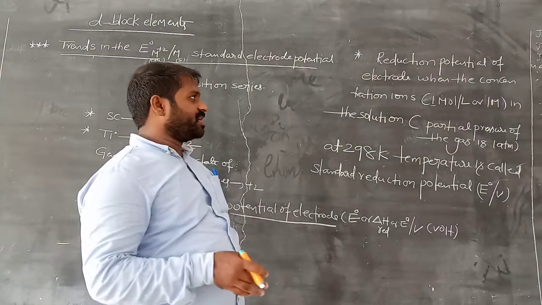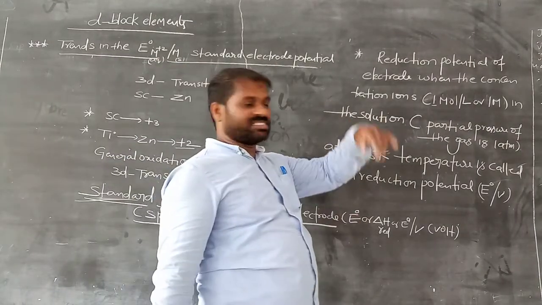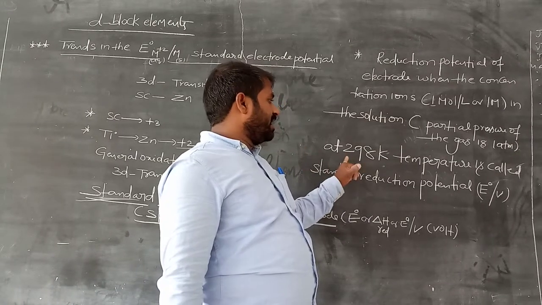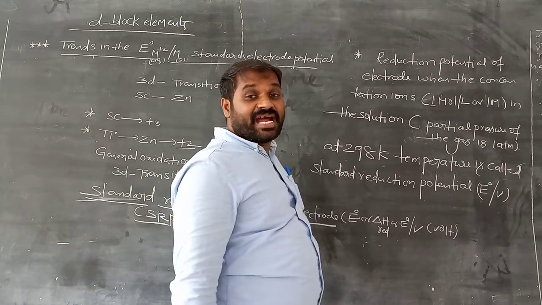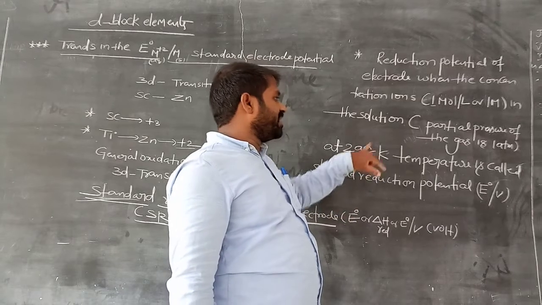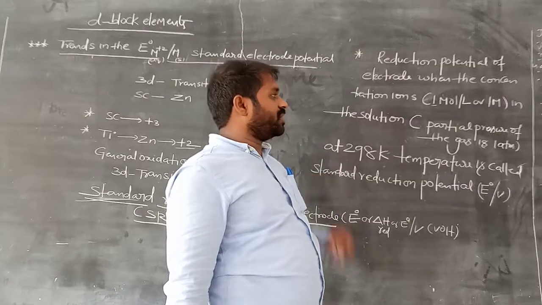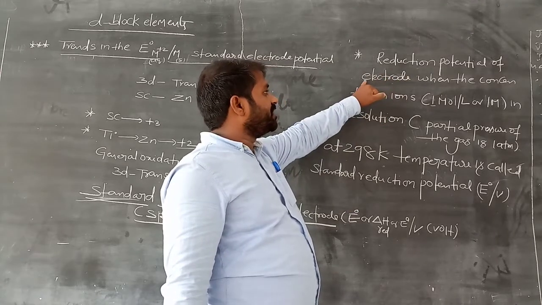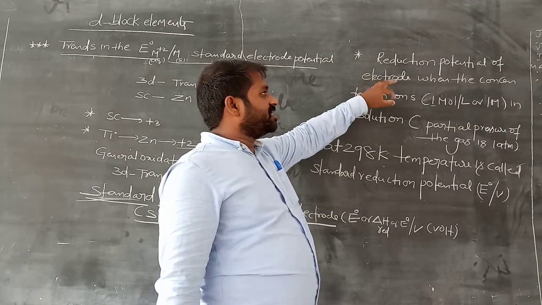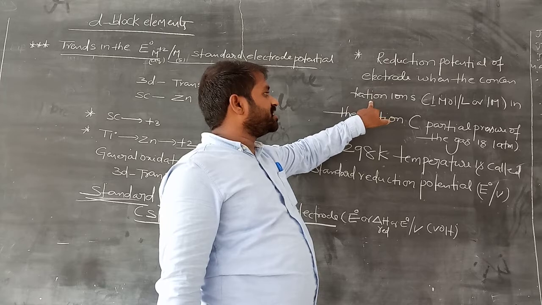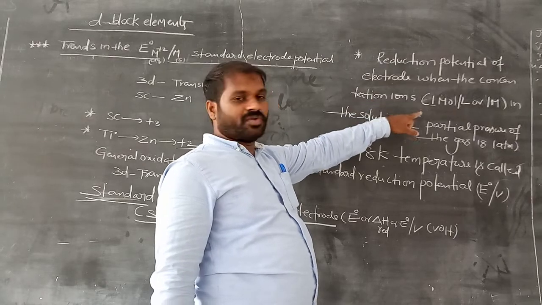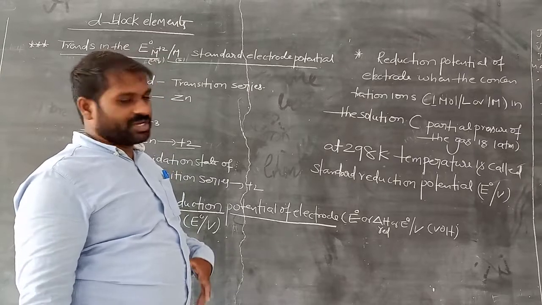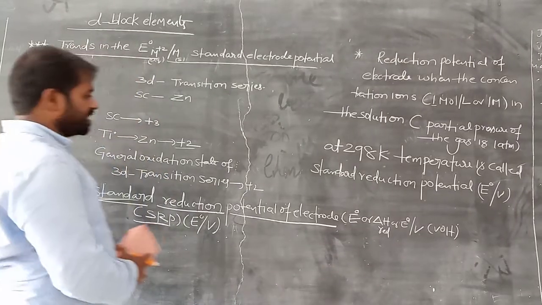Standard reduction potential means the concentration of ions in the solution is 1 molar at 298 K temperature. These are the standard conditions: 298 Kelvin, 1 atmosphere pressure, or 1 mole per liter are called standard conditions. Then the reduction potential of an electrode when the concentration of ions is 1 molar is called the standard reduction potential.